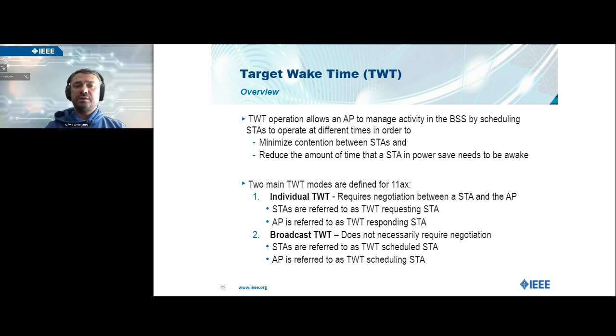Broadcast TWT does not necessarily require negotiation, although it is possible to negotiate broadcast TWT schedules. And the stations here are referred to as TWT scheduled stations, and the AP is referred to as TWT scheduling AP. So from the terminology itself, you can realize a little bit of aiming at more scheduling in one part and not so much on the other. And that is due to the flexibility that the broadcast TWT has, that the schedules are being provided in a broadcast manner to the stations that are associated with the access point.